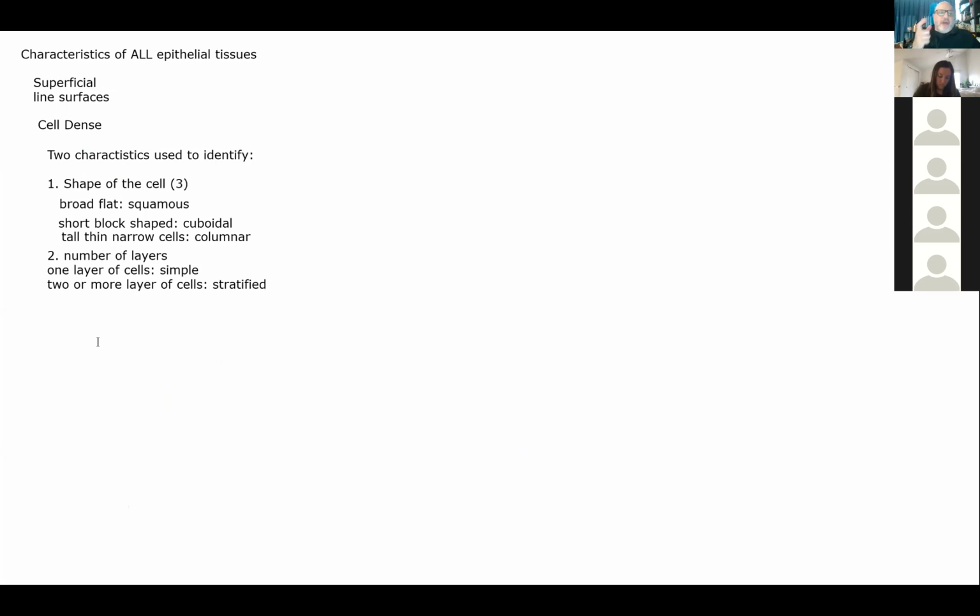Now, another important characteristic of our epithelial tissues is that they are polar tissues. Up to this point, when we've used the term polar, what were we talking about? The charge. Things are positive and negative, typically, right?